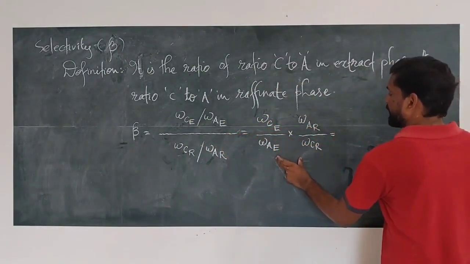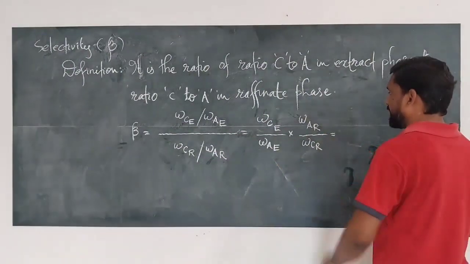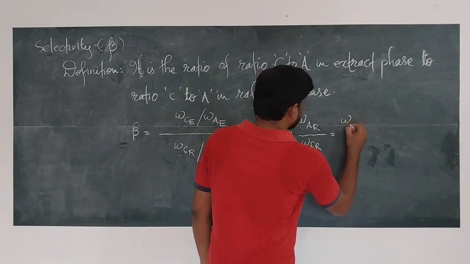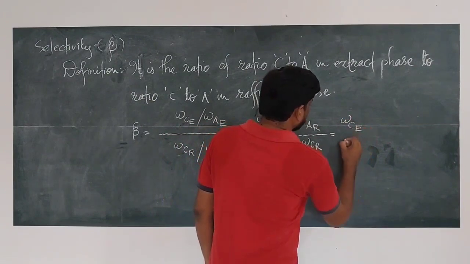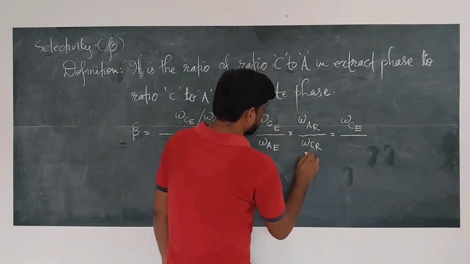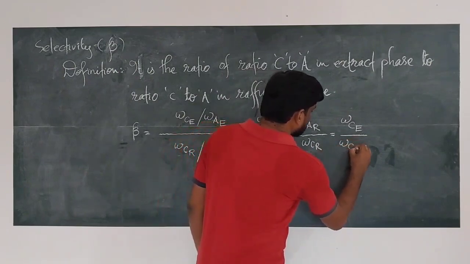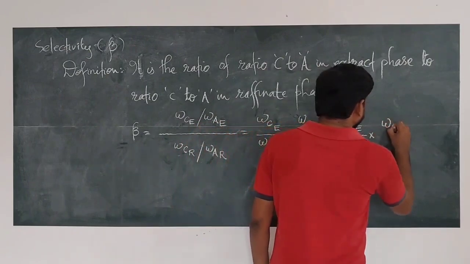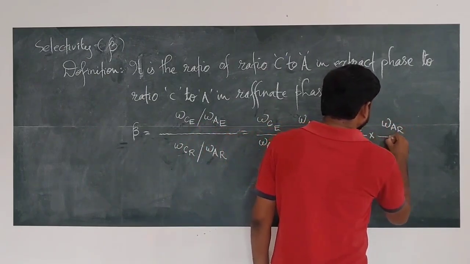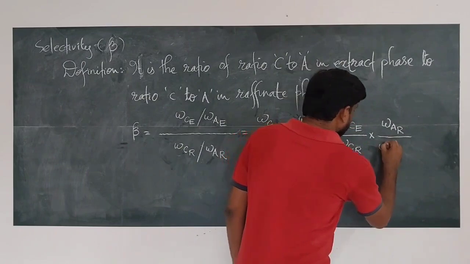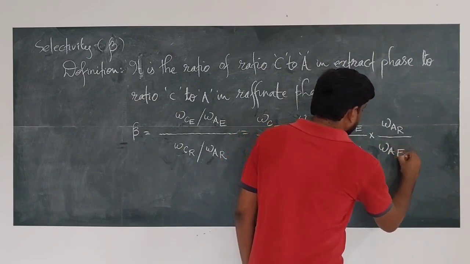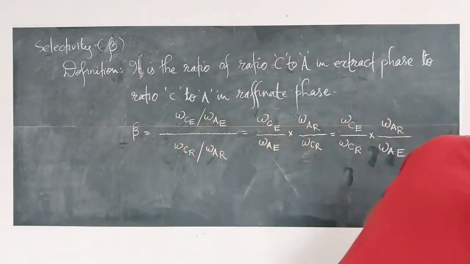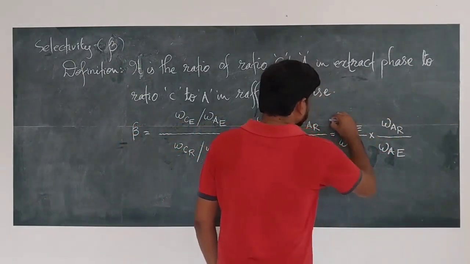This ratio can be rearranged as WCE divided by WCR into WAR divided by WAE. Now concentrate on the first part of this expression.